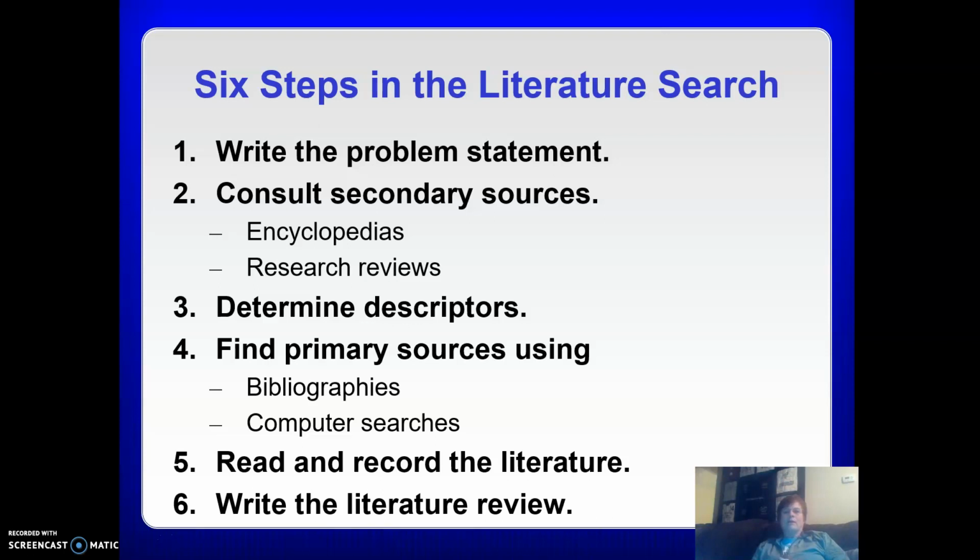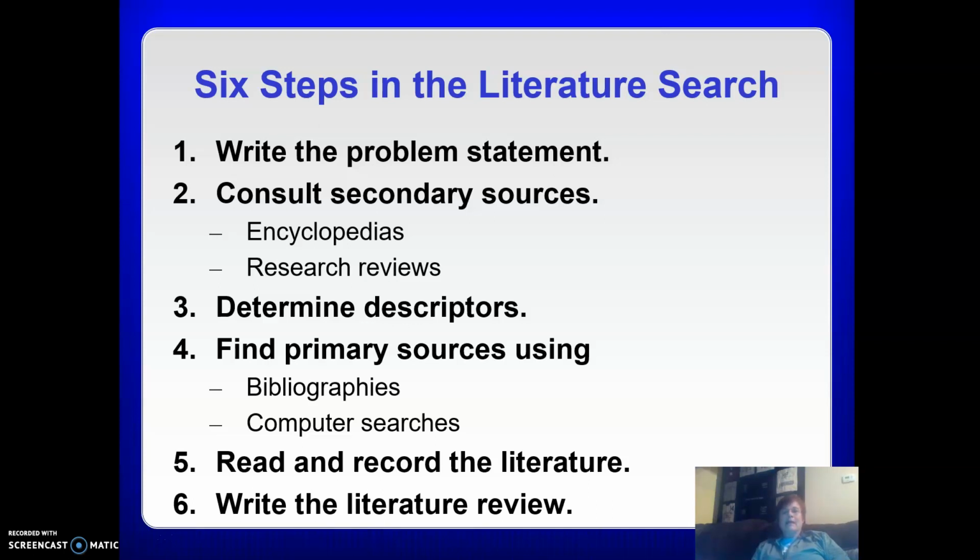You're in the process of writing your problem statement. Hopefully you're consulting some secondary sources, as well as getting your descriptors clearly, concisely identified, then finding some primary sources through computer searches specifically, and then finding those articles that are of most interest and most value to you, and reading and recording that literature, and eventually writing your final literature review.